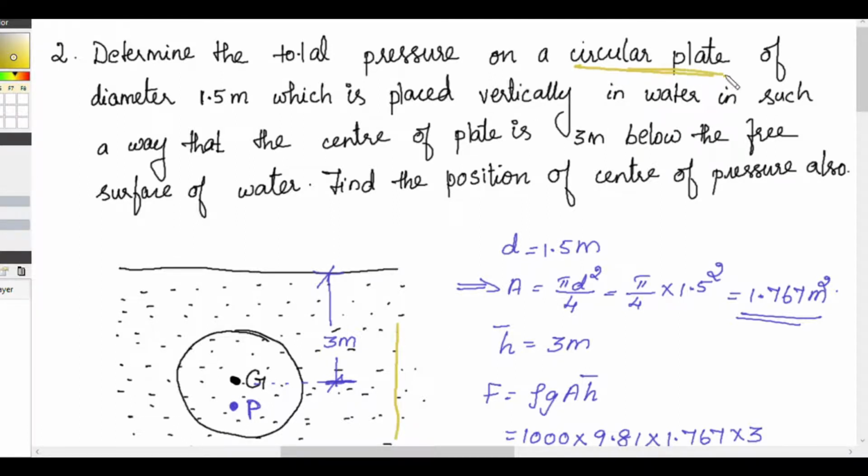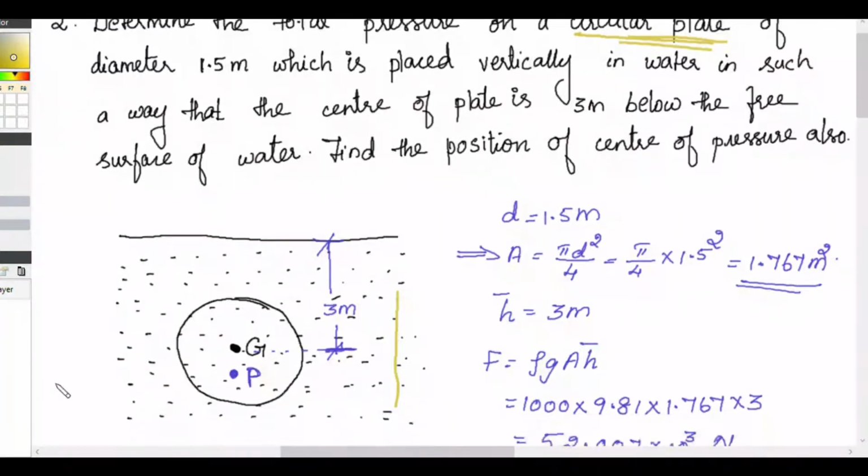So, circular plate, the diameter of the circular plate is 1.5 meter. So, this diameter of the circular plate will be 1.5 meter, which is placed vertically in water in such a way that the center of the plate is 3 meter below the free surface of water. So, that is the diameter of the plate is 1.5 meter.